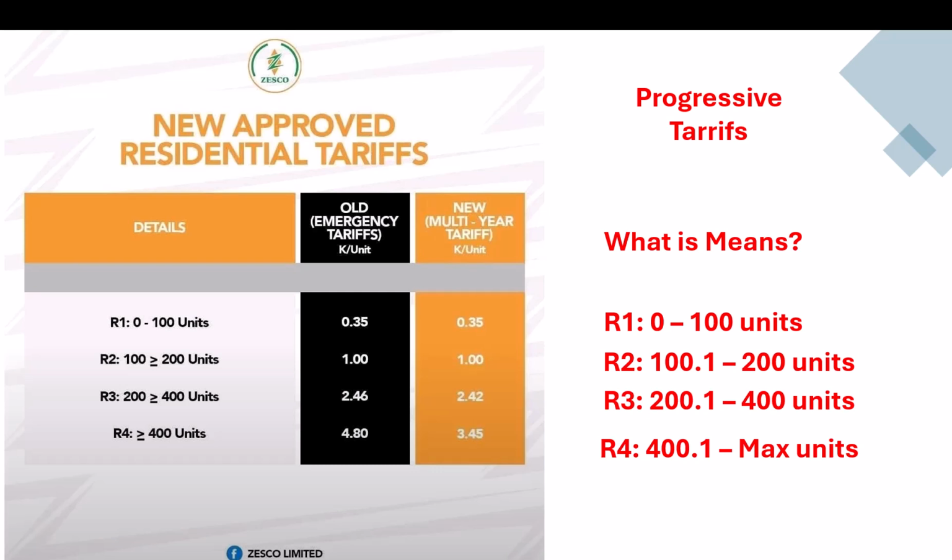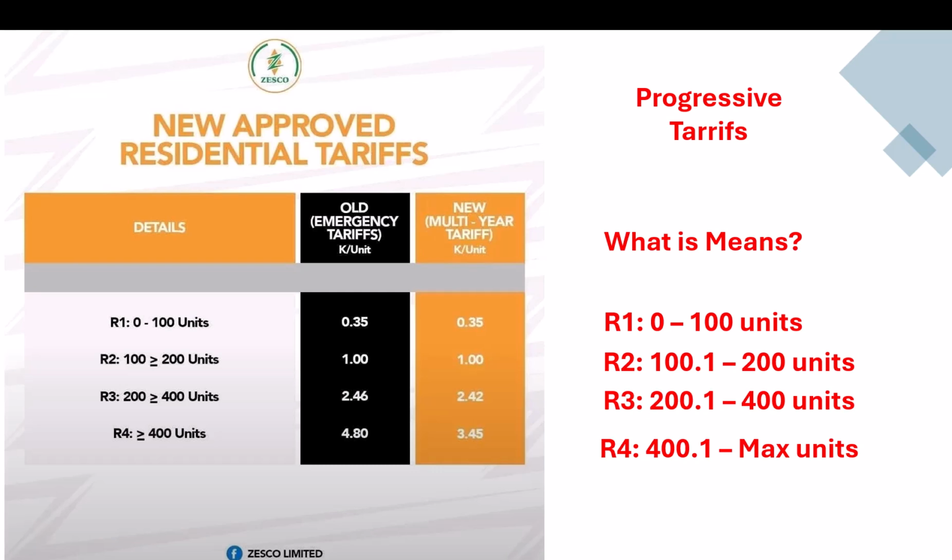So within the bands for the new approved residential tariffs, they are progressive, which means if you use more than 100 units, but less than or equal to 200 units, you unlock a price higher than the first band.